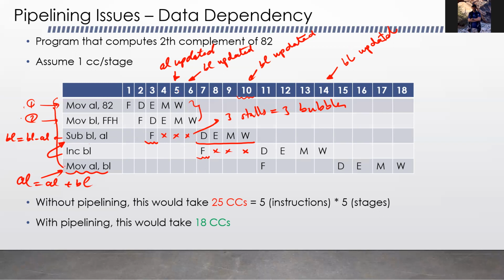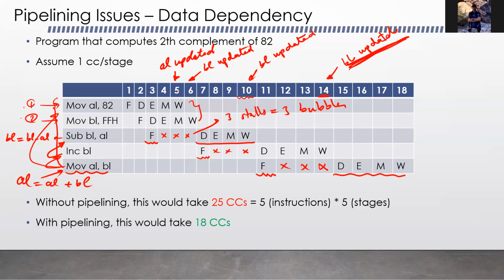But BL, again, this is dependent on that guy and that guy. BL finished the first update on cycle 5, and BL will finish its 3rd update on cycle 14. So we can fetch again on cycle 11, but we're gonna have 3 stalls. Then we can do the decode, execute, memory, and write back for the 5th instruction here.